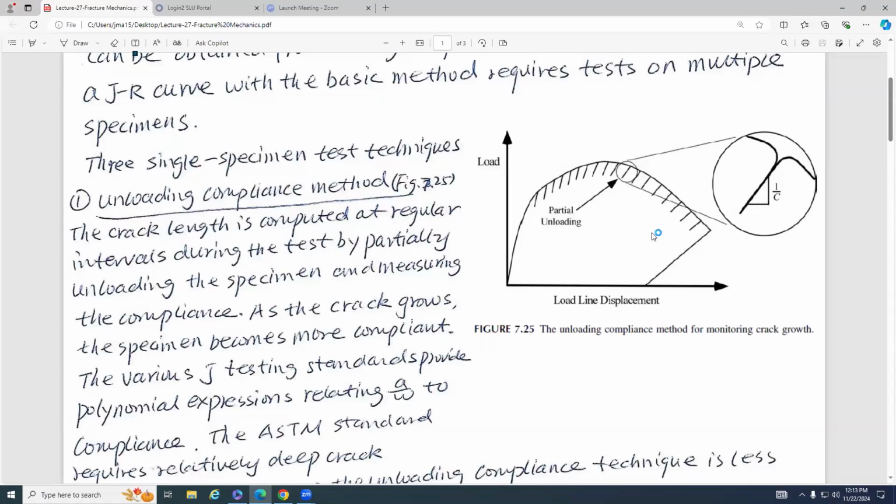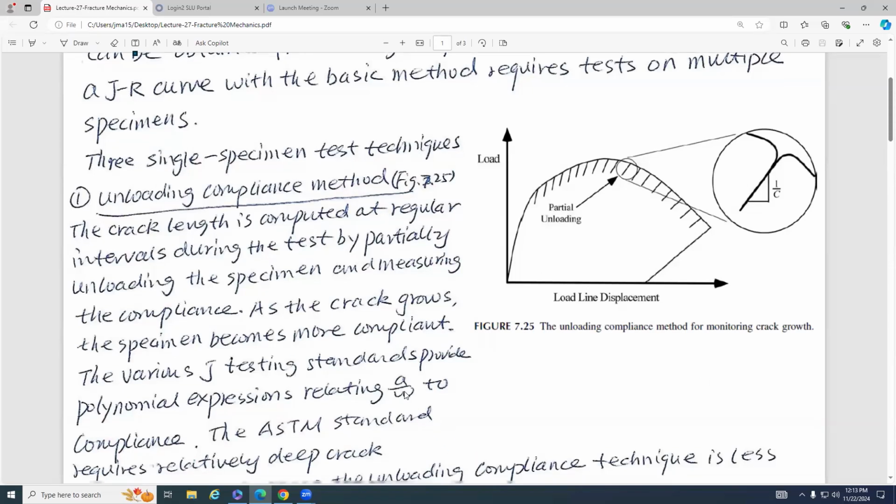As the crack grows, we know the specimen becomes more compliant, that means less stiff. The various J testing standards provide polynomial expressions relating a over W to compliance, and we talked about this one before. So this is a polynomial function in terms of a over W.